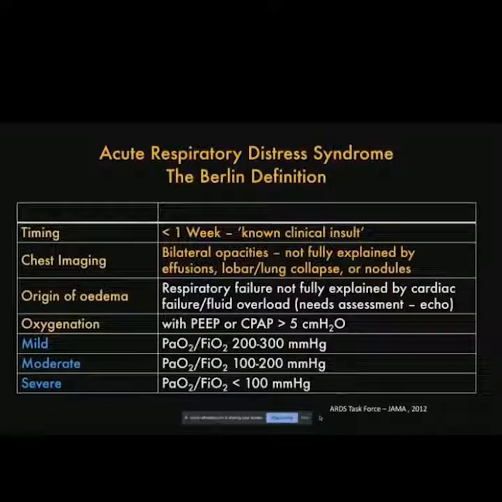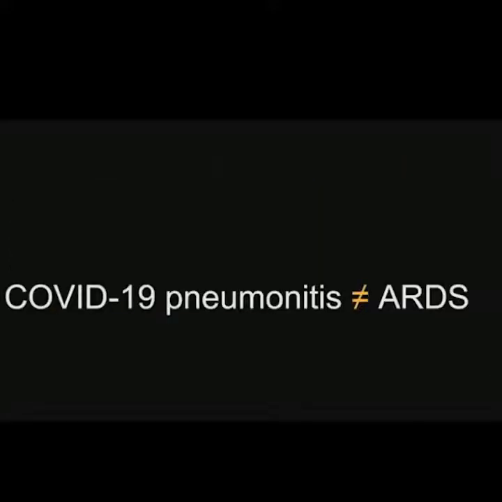And on chest imaging, it is not typically always bilateral opacities. Sometimes they could have focal consolidations. But the other features, origin of edema and oxygenation, are very consistent with ARDS. So based on that, he said the Berlin definition doesn't fit exactly for ARDS in these COVID patients. So COVID-19 pneumonitis isn't exactly ARDS based on his definition.